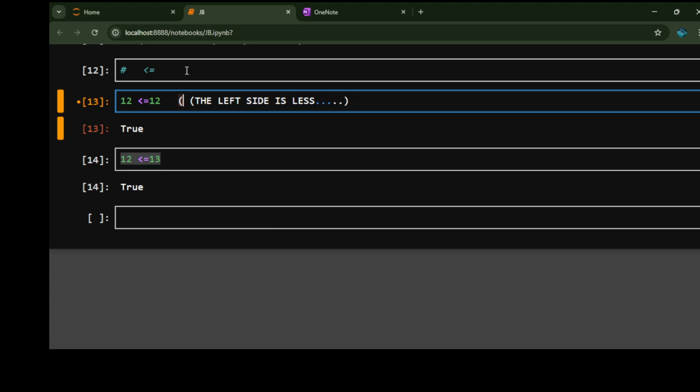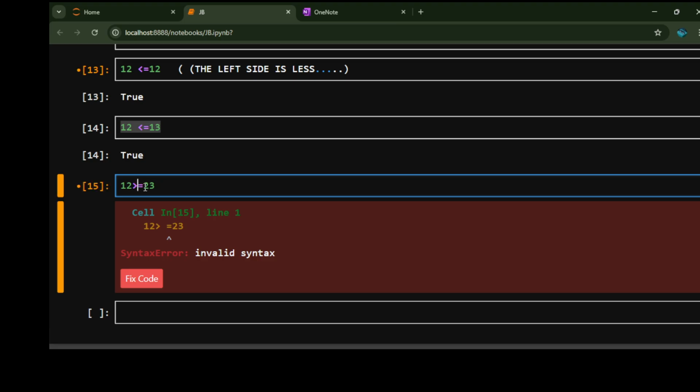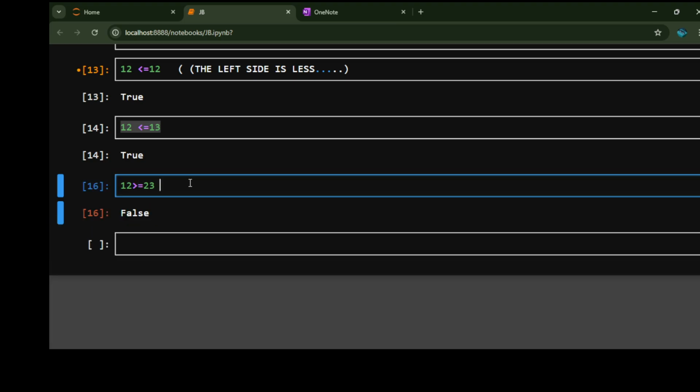Its pronunciation is less than or equal to operator. And the opposite one is greater than or equal to. In this case, the first logic is the same, meaning we have to check if they are equal.